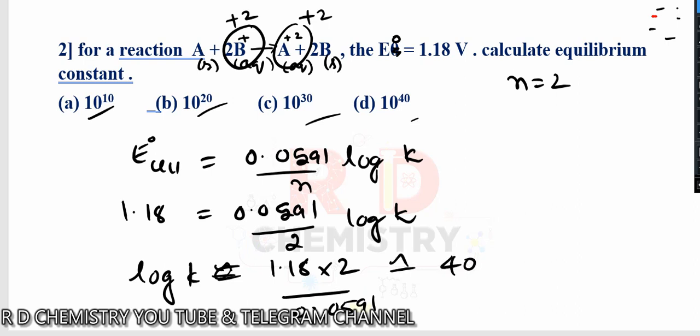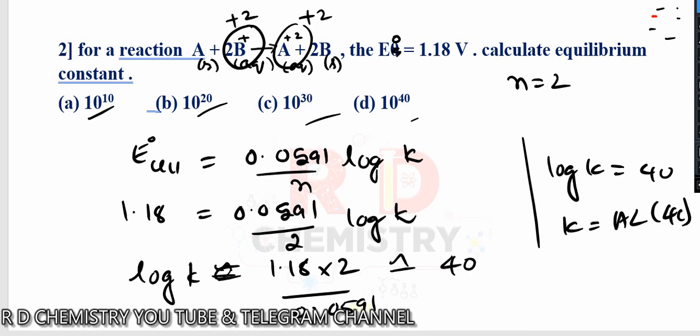Log K is equal to 40, or K is equal to antilog of 40, and antilog of 40 is 10 power 40. So that is option D here. That's why I gave the options here, because we can do the approximation easily.